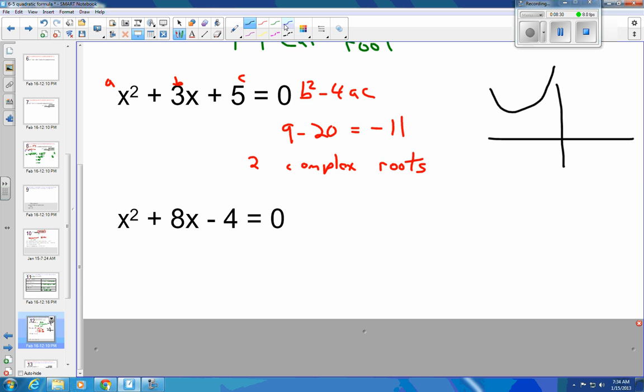Yep. So we need b squared minus 4ac, our discriminant. And a is again 1, b is 8, c is negative 4. So we're going to do 64, that's 8 squared, minus 4 times 1 times negative 4. So that's actually going to be a plus 16, right? So plus 16.